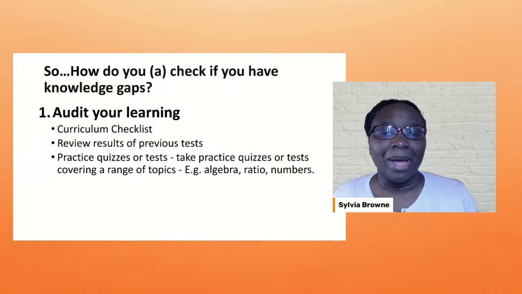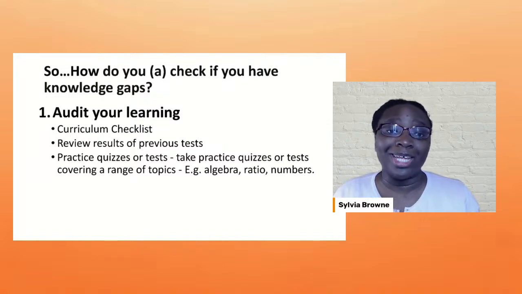So in maths, for instance, after you've gone through algebra, you can do a test on algebra, and then you can start to pick out, oh, these are the specific areas of algebra that I am struggling with. So auditing learning is the key way to check if you have knowledge gaps.